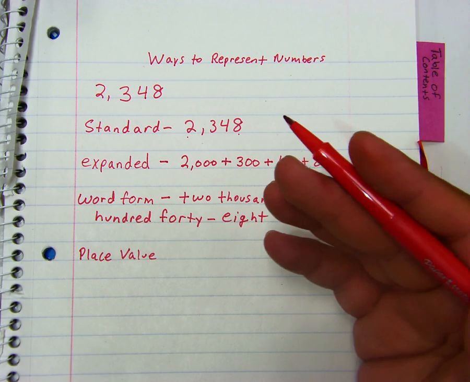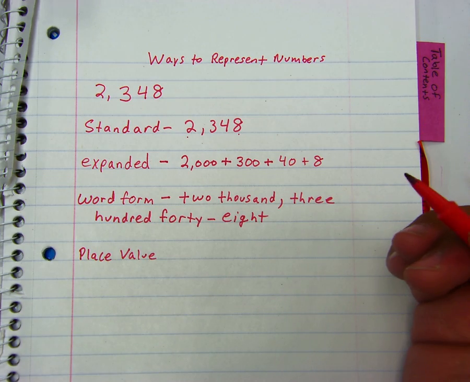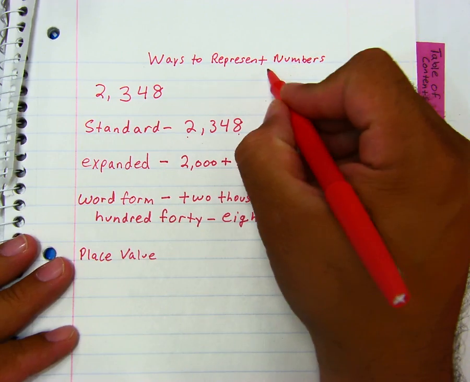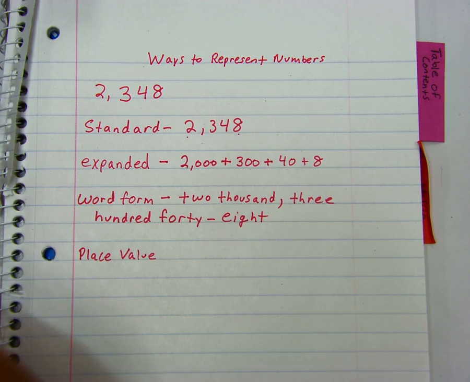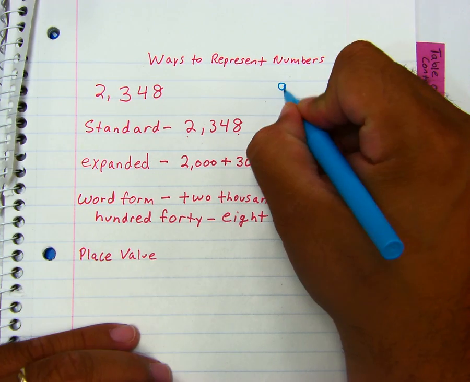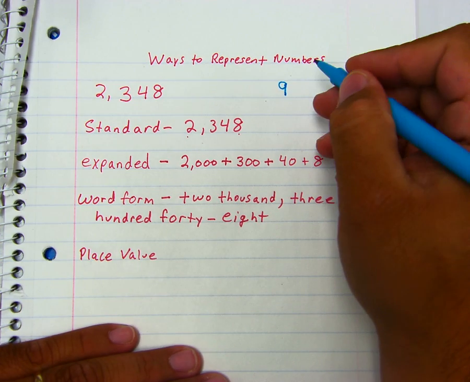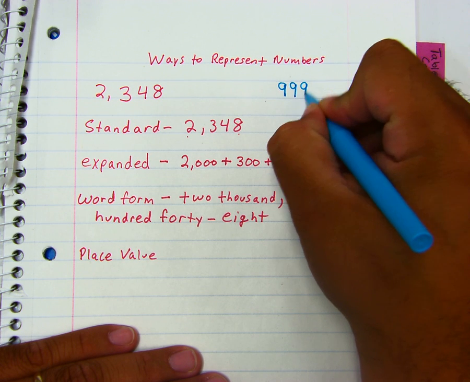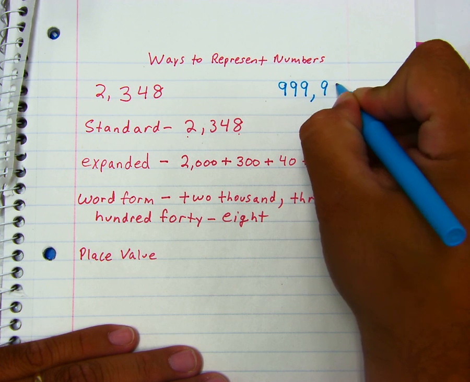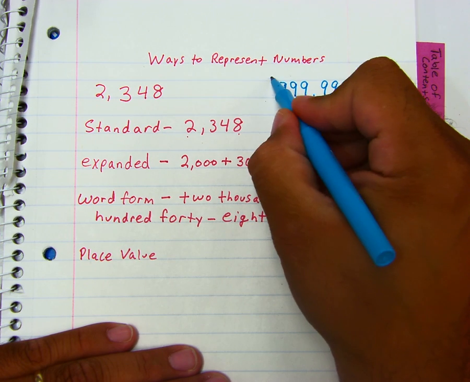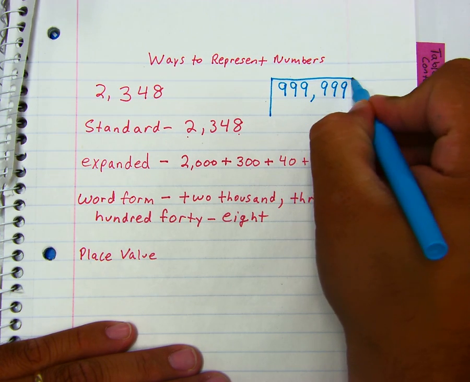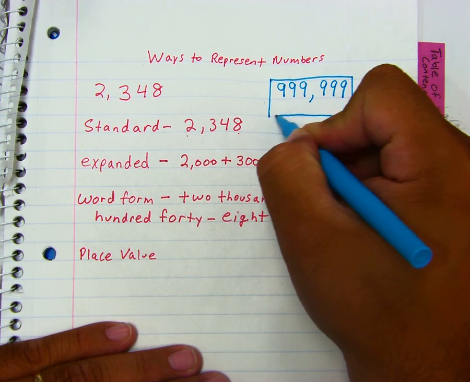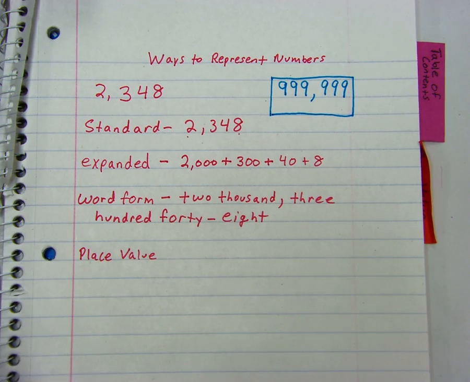So third graders are going to have to know the place value all the way to the 100,000th place. 999,999. This is the place value that the third graders have to know by the end of the school year.